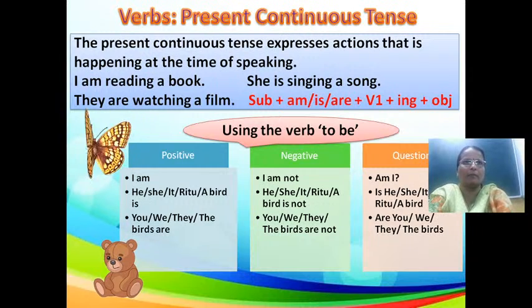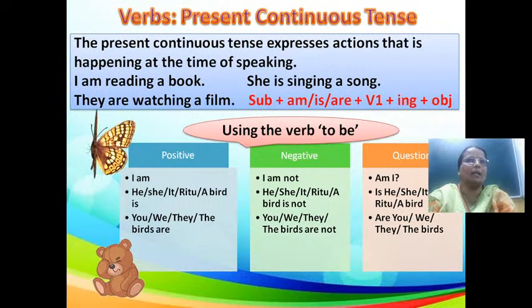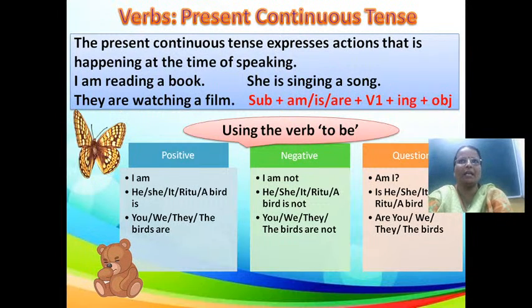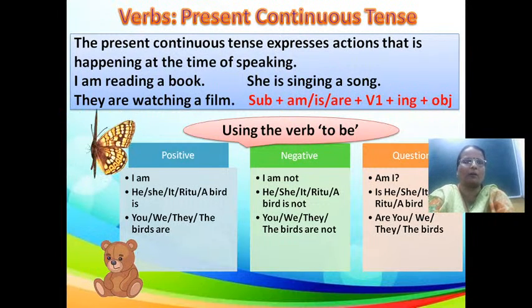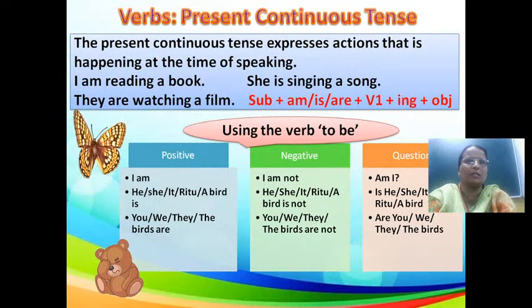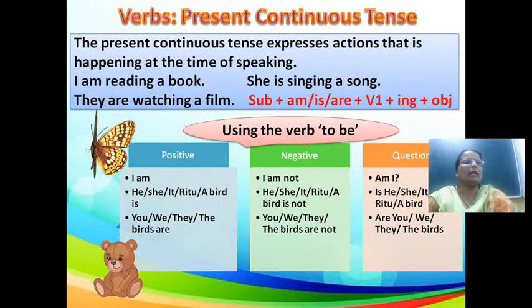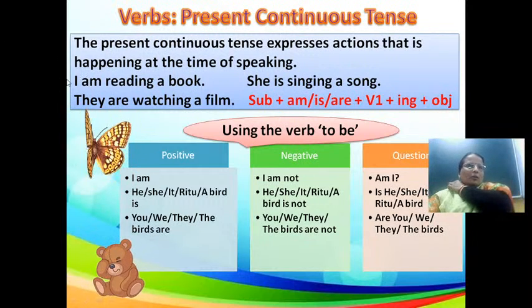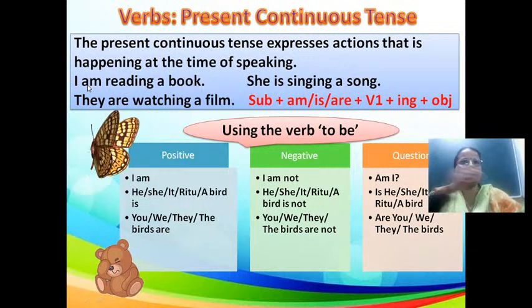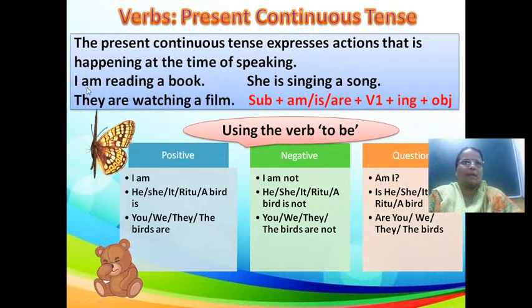Okay. For example, I am reading a book. Another example is she is singing a song. Third one is they are watching a film. So here you have seen, based on the subject we are changing the helping verb. I is the subject.